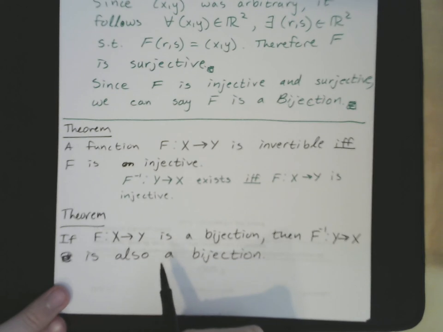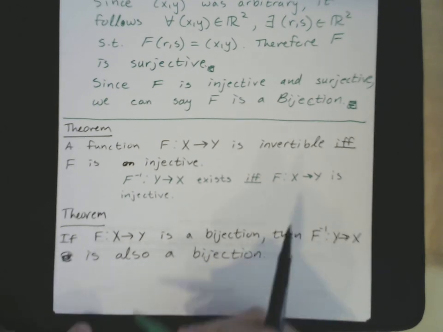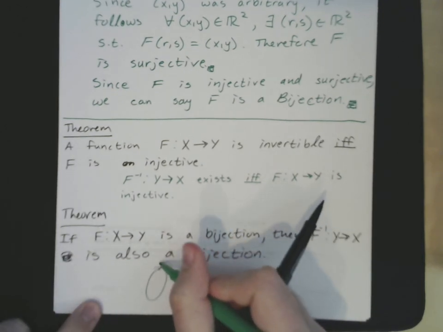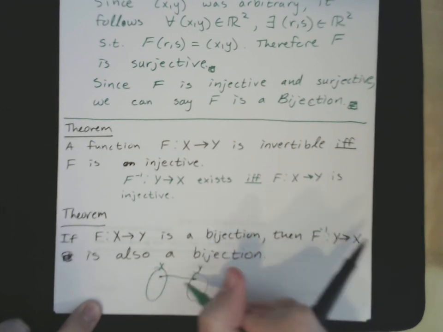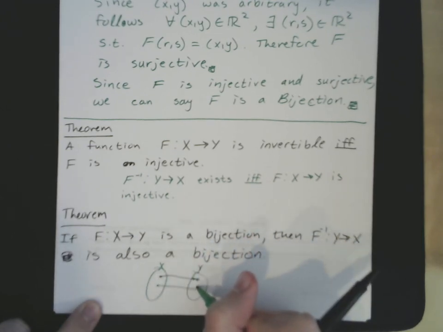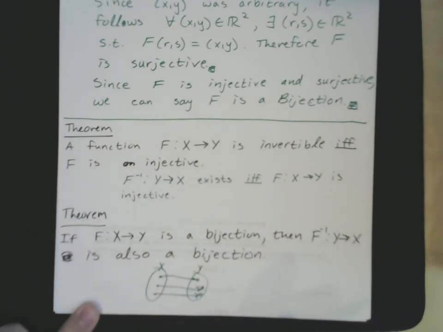Because if everything in x maps perfectly to everything in y, when you follow these paths backwards, everything here has to map perfectly to x.